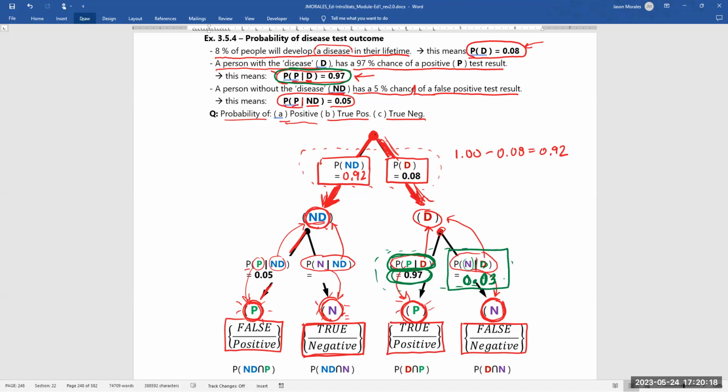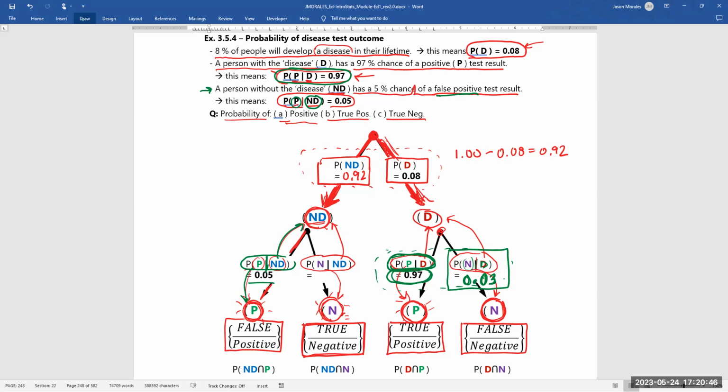And here, at the top, a person without the disease has a 5% chance of a false positive. So that's the probability of a positive test result given you do not have the disease. So that is right here on this branch, the probability that you're positive given you don't have the disease, and that's 5%.